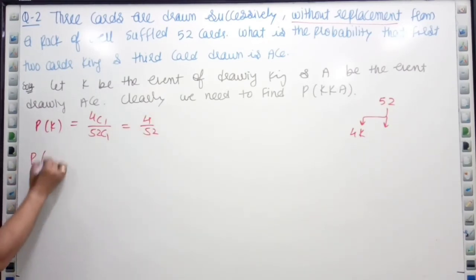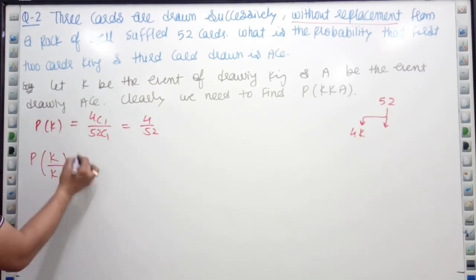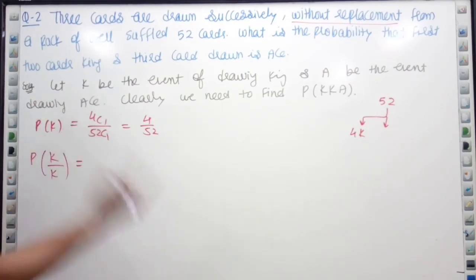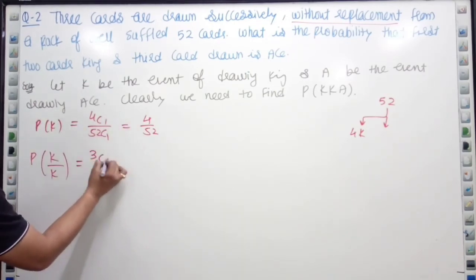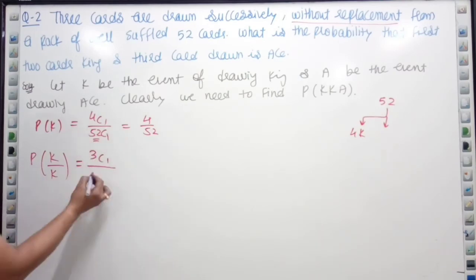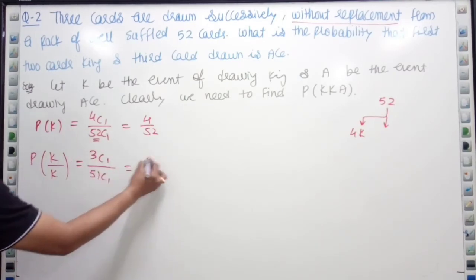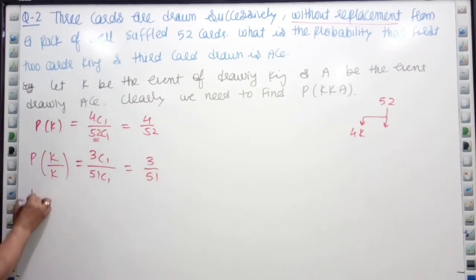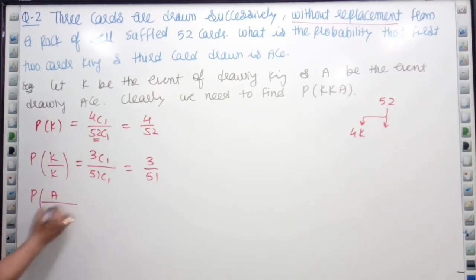Now second card is king such that first one was already king. Now kings will be 1 less, right? 1 less, so 3C1 and total will also be 1 less, 51C1. So this is 3/51.